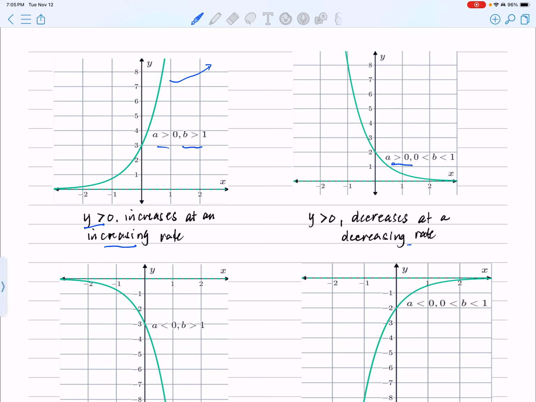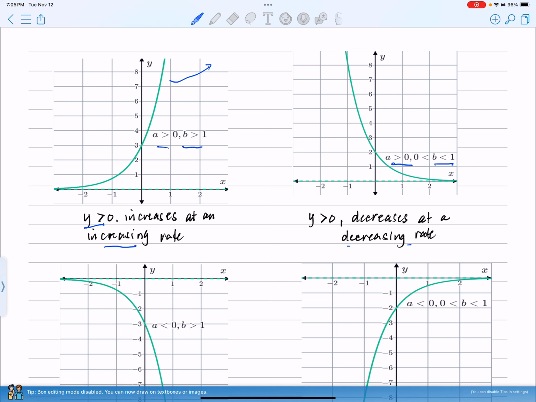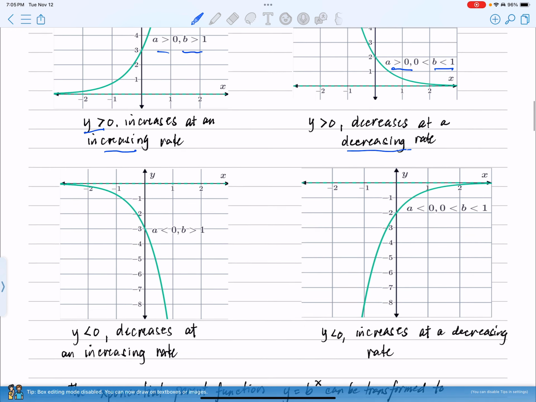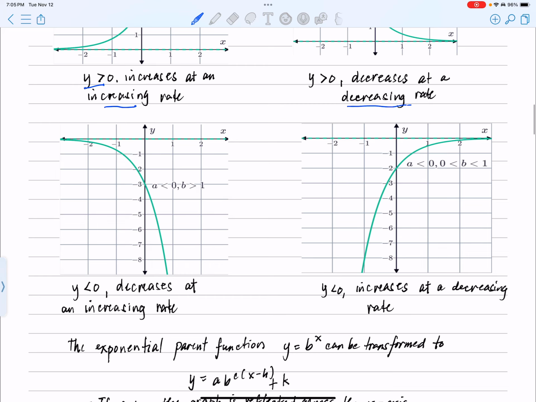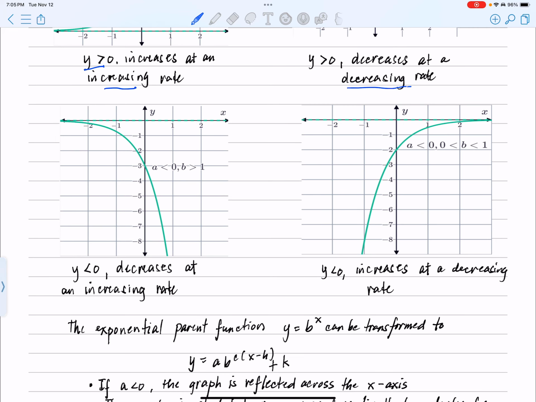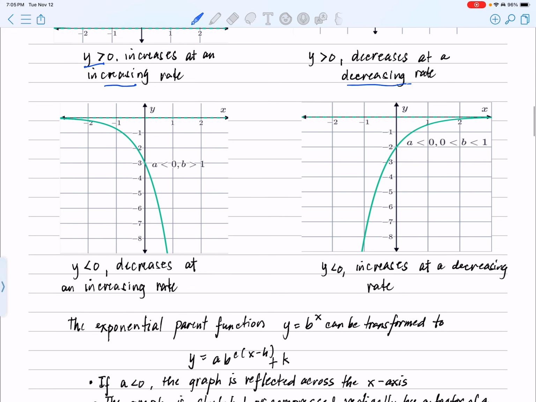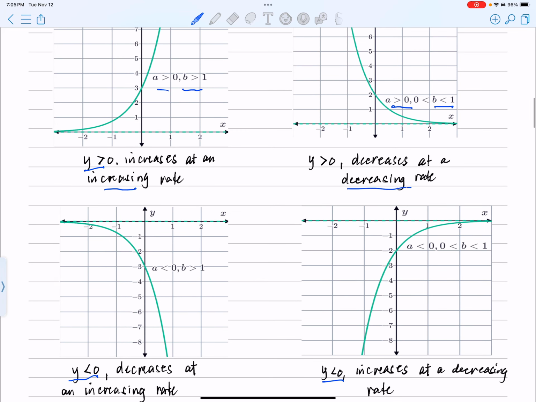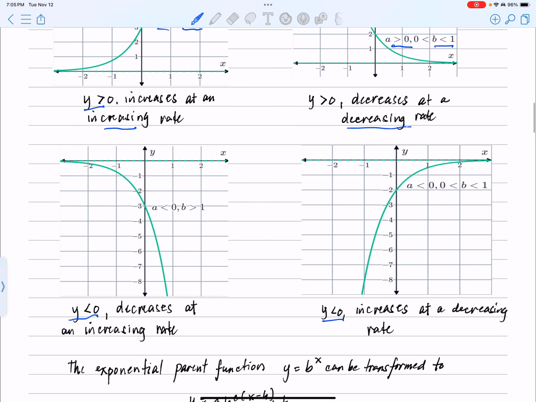This is how the graph looks, and this is decreasing. But when y is less than 0, the curve seems turned upside down.